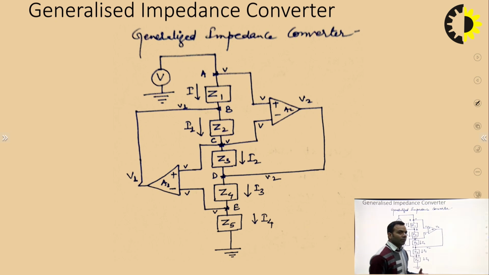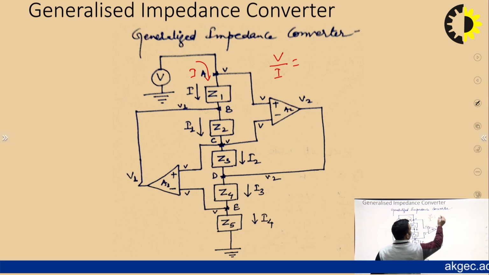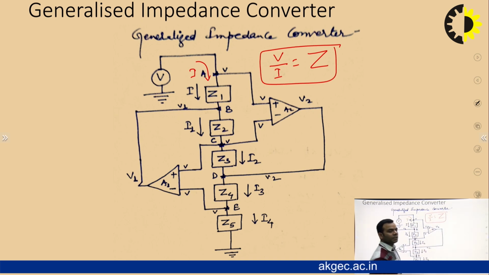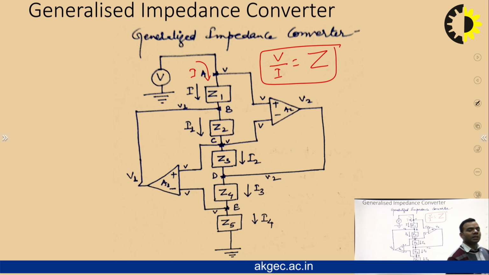Now, to find out the overall impedance of this circuit, we will put one dummy voltage source V, and due to this voltage source we will find out the current I which is flowing into this circuit. And finally, we will find out the ratio of V and I, and that will be the overall impedance of this circuit. This is which we will analyze in this circuit.